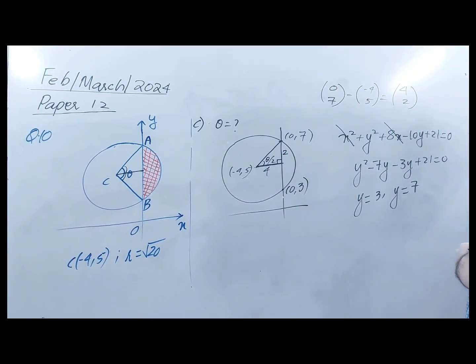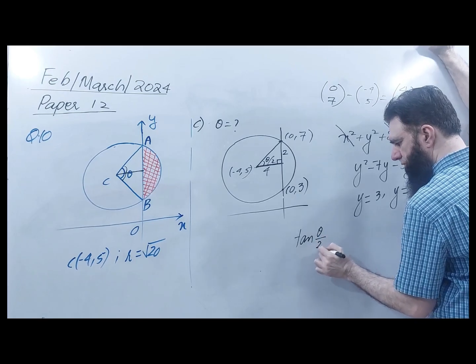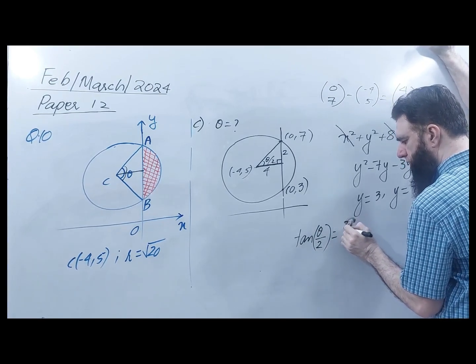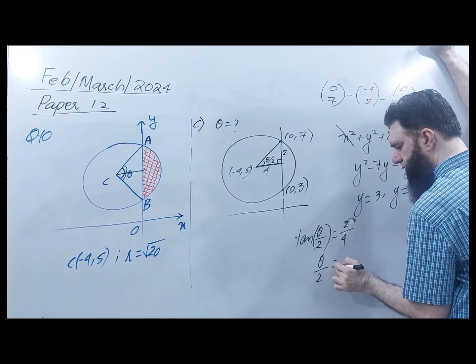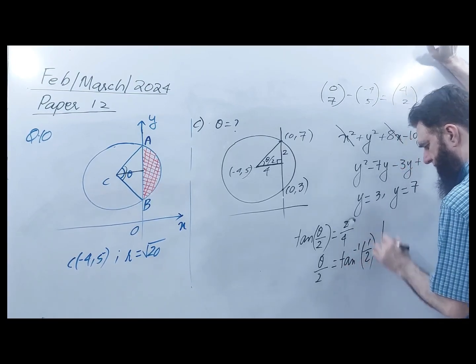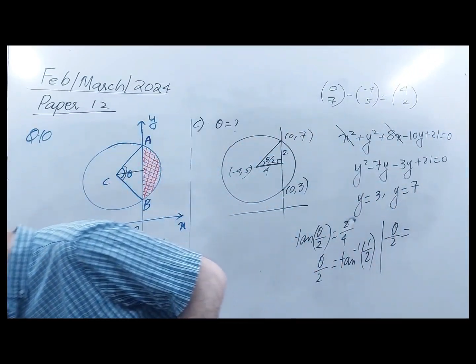Right? Now, tangent theta by 2 is perpendicular upon base. So theta by 2 is equal to tan inverse 1 by 2. And from here, we can use the calculator to find this angle.